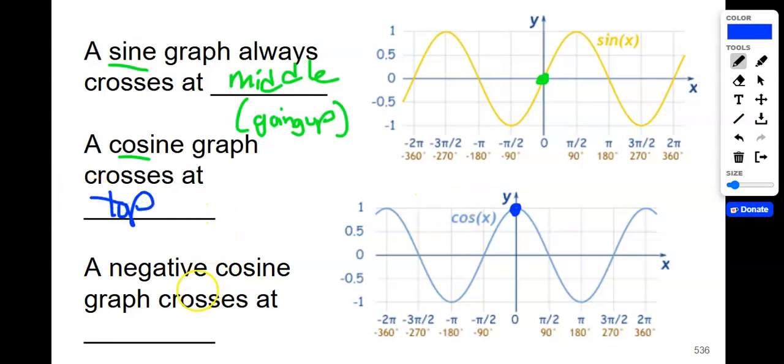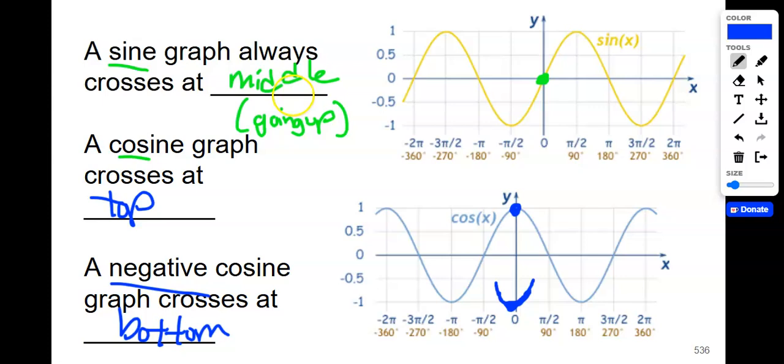Where do you think a negative cosine graph will cross? Since regular cosine crosses at the top, a negative cosine graph will cross at the bottom. So sometimes you'll see this same second graph flipped, and it'll be crossing down here at the bottom.